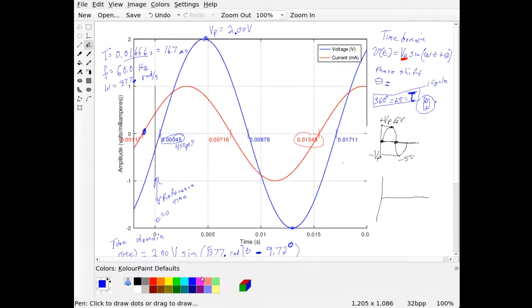Now, if you have a DC voltage and then the sine wave is riding on top of the DC voltage. So let's say that we had 8 volts DC, and this was a 5 volt waveform.